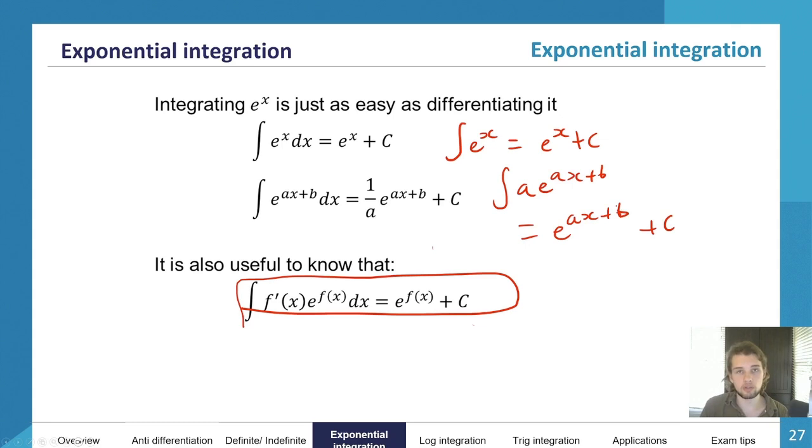That's because this derived only has a, so a goes out the front when we derive it. So when we anti-derive it, we would get rid of the a, we'd do the inverse process. In this scenario, we don't have the a out the front, so instead we have the 1 over a there, because if we did derive this, the a would go out the front, and then it would be a over a, and it would all cancel.